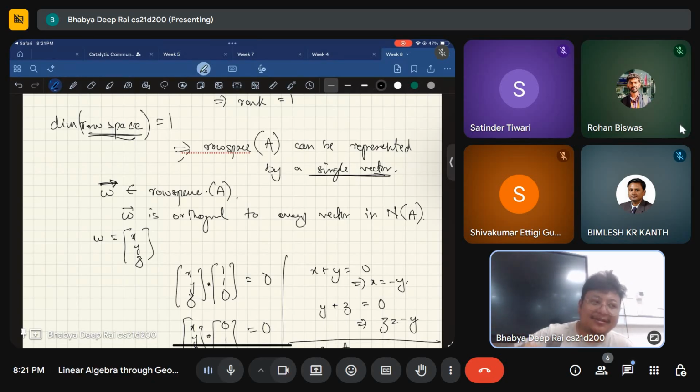So it is because of this more general property that we are also studying null spaces. But why exactly Ax equals 0, why not Ax equals some other b, we'll see in the next week. Don't worry.